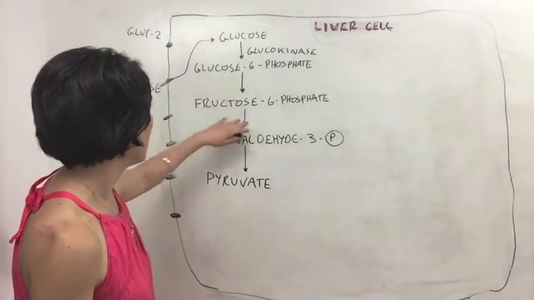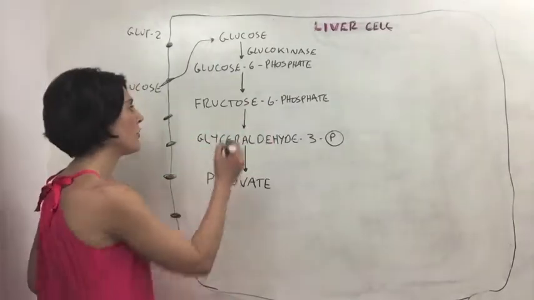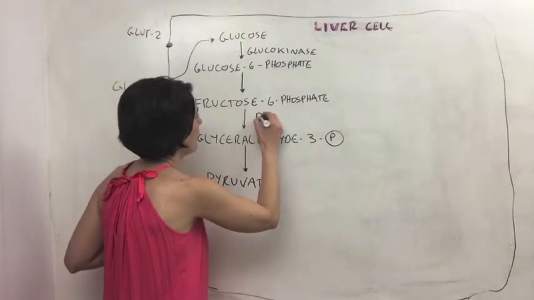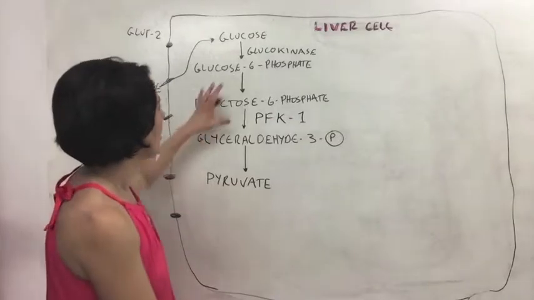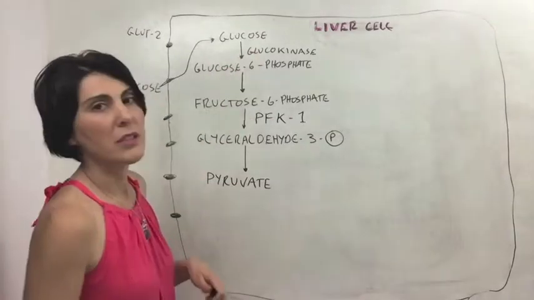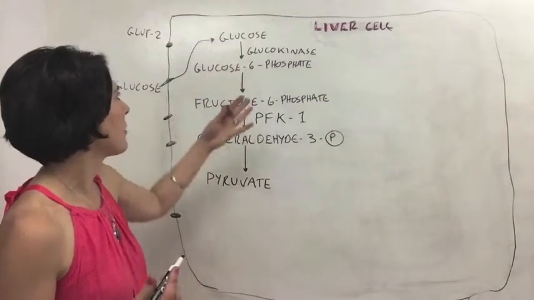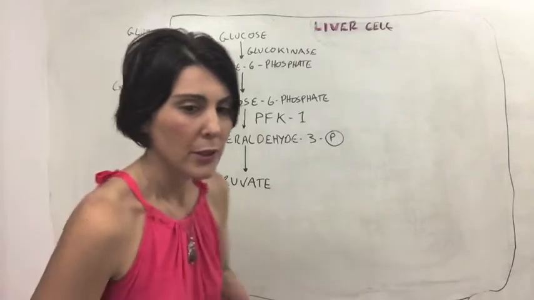Now, one of the steps between these two molecules is performed by an enzyme called phosphofructokinase 1. The reason I'm including these two enzymes is because they are highly regulated, and they will decide whether glycolysis occurs or not.